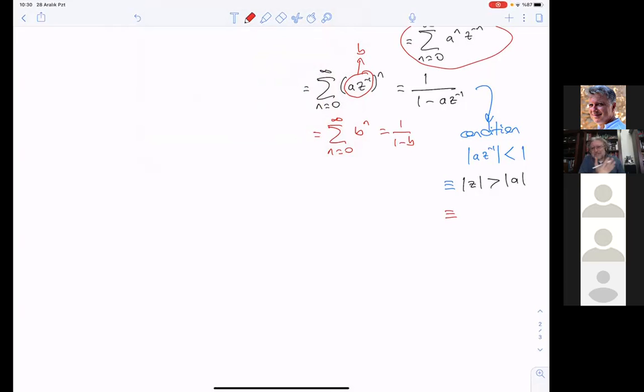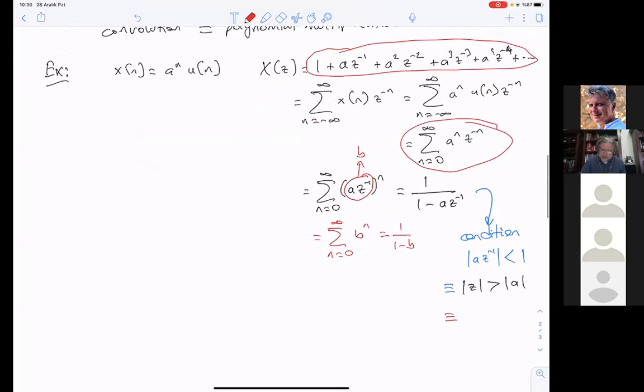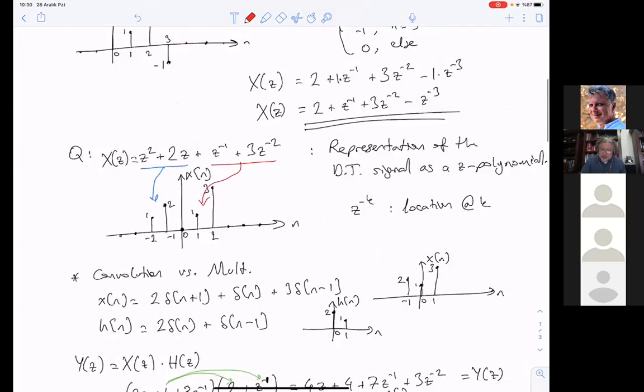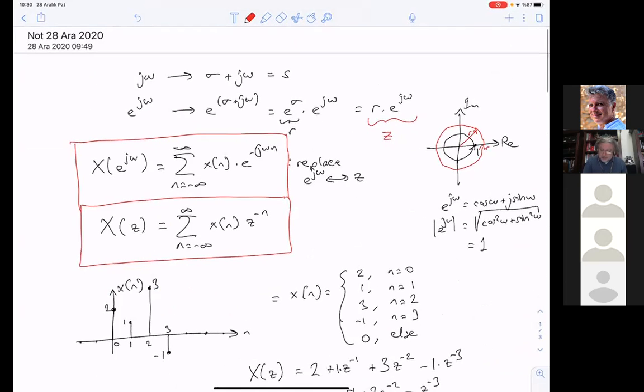What is the magnitude of z? According to the terminology that we used before at the top of this class, look at z here. So what is the magnitude of z?